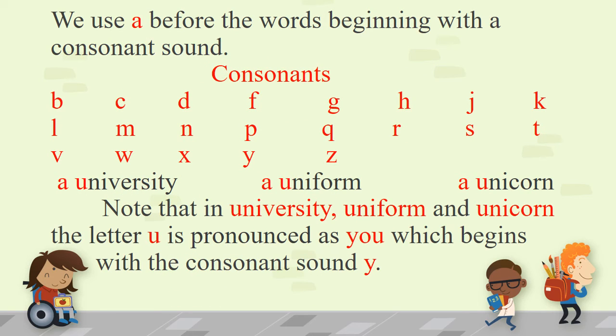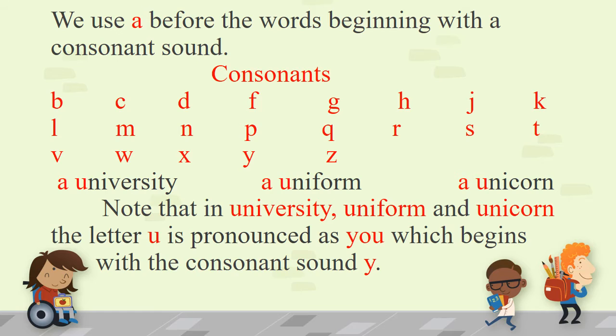Now here also there are some words which start with a vowel but give the sound of a consonant. In that case, we write article a. For example, a university, a unicorn, a uniform.